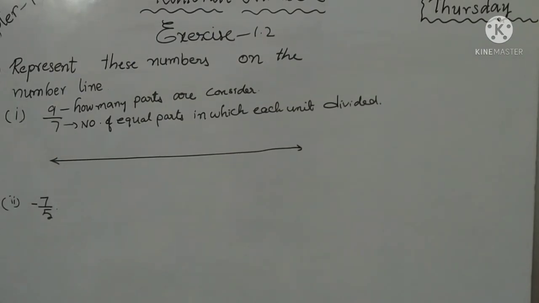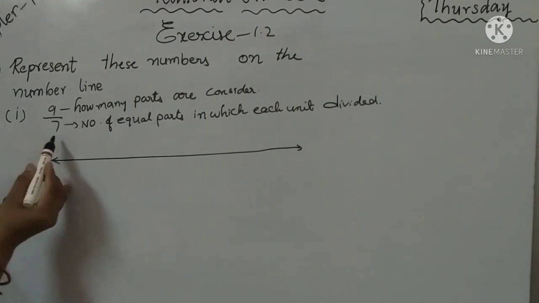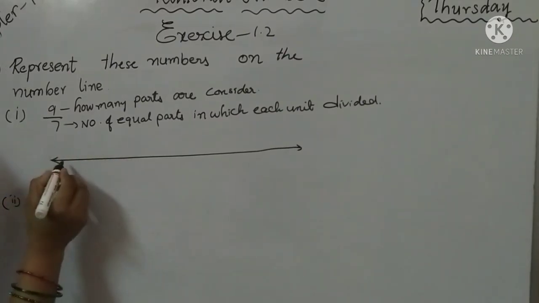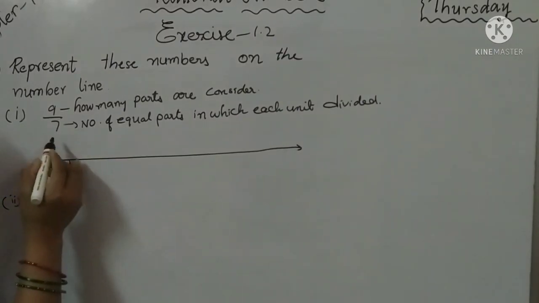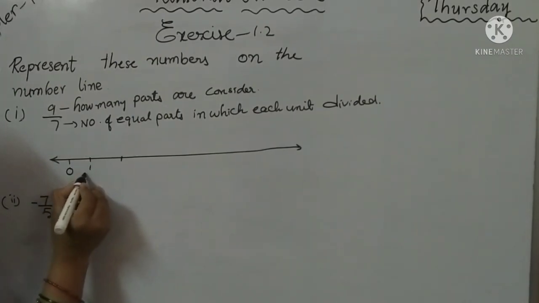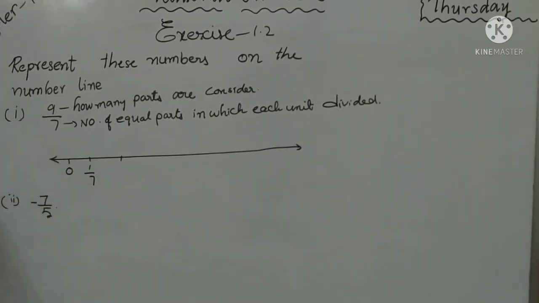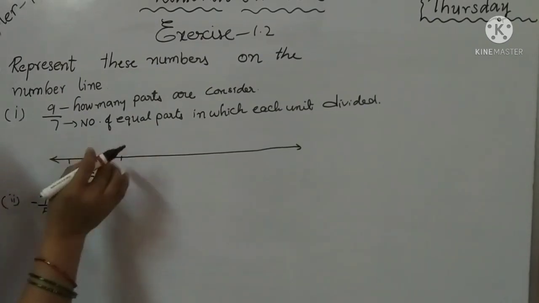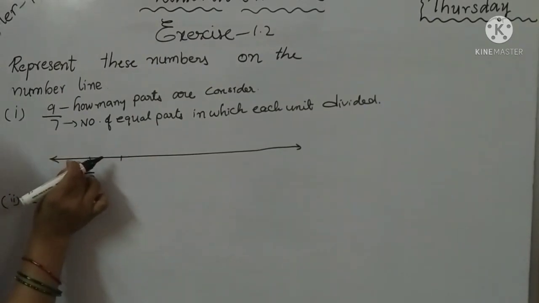So, the denominator is the number of equal parts in each unit. From 0 to here the distance is one unit, and the denominator is 7, the number of equal parts in each unit.